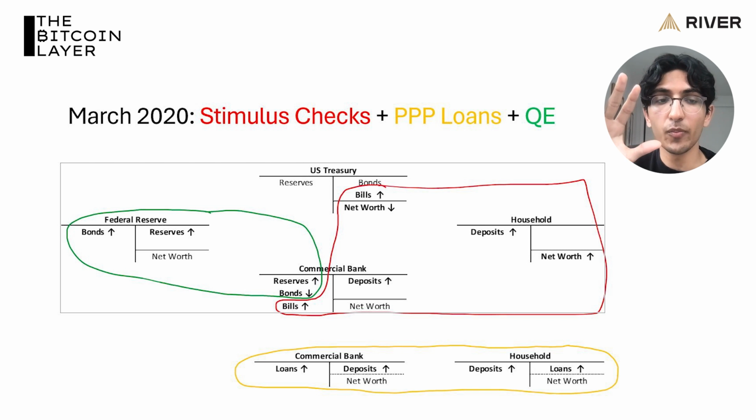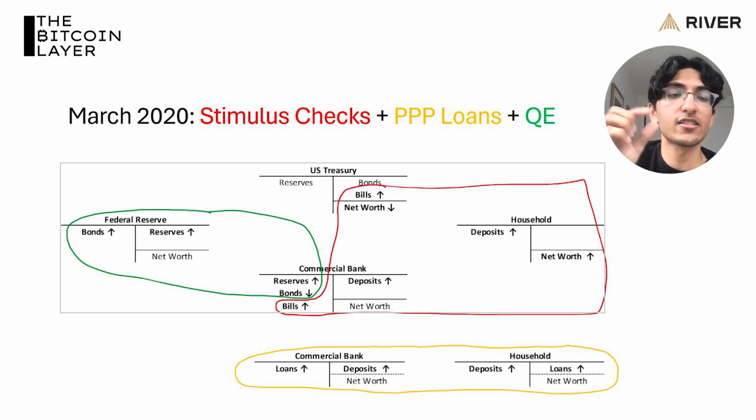The TGA has no part in this yet. The TGA can come second if it desires. The Fed raises its reserve liabilities, transfers those reserves to the commercial bank with the corresponding household. The reserves at the commercial bank rise, the deposit liabilities at the commercial bank rise, and then household deposits rise. So that's the process of the government essentially spending money into existence.